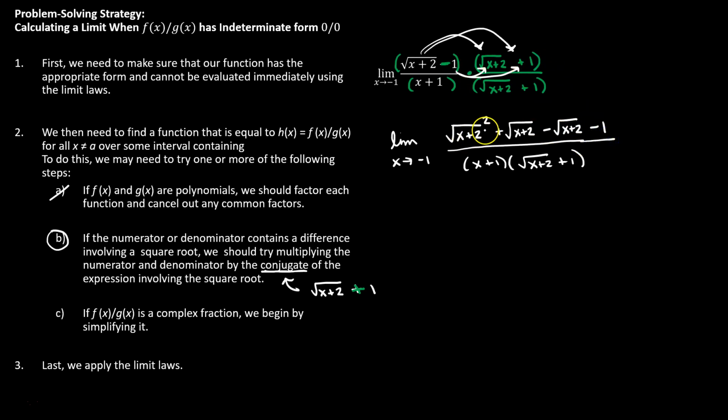And when we simplify this, we're going to notice that things clean up very nicely. The two middle terms in my numerator, root x plus 2 and minus root x plus 2, wipe each other out, they're gone. The radical on my first term reduces with the square, so that actually just becomes x plus 2, so let's copy that down.